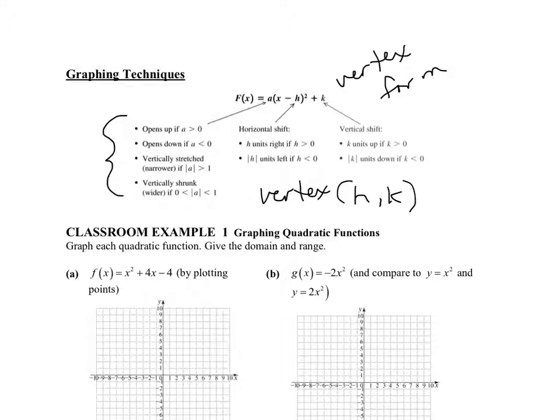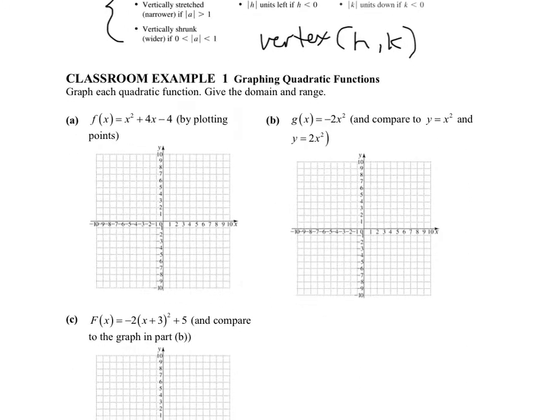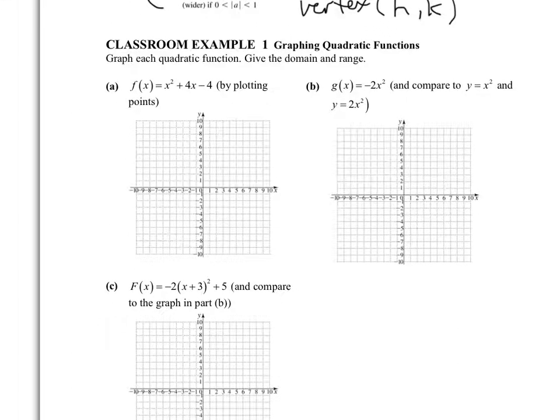And that is very valuable information, because remember, when we're graphing a parabola, when we're graphing an equation that's quadratic, we need to know where the vertex is, and then we're going to need additional points, but the vertex is very important. So what we're going to do is learn how to graph these functions both in standard form and in vertex form.